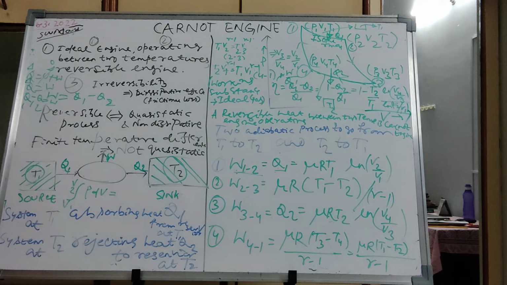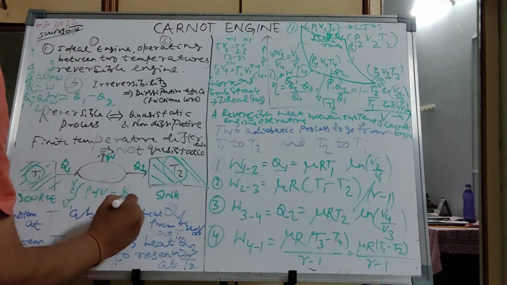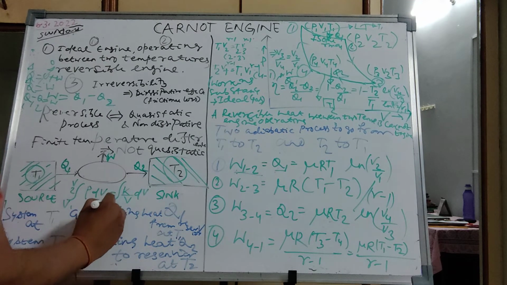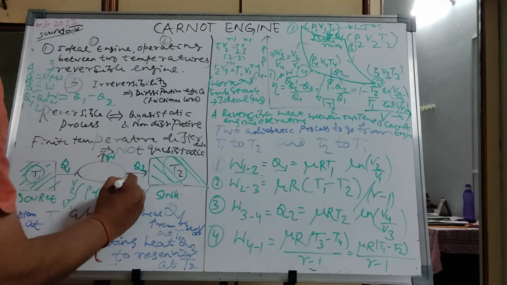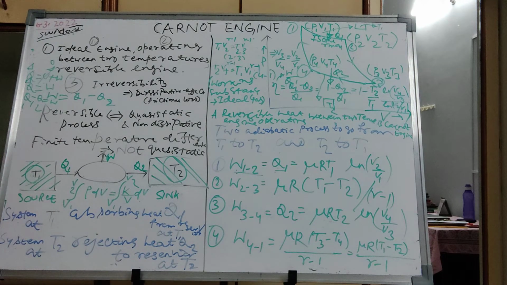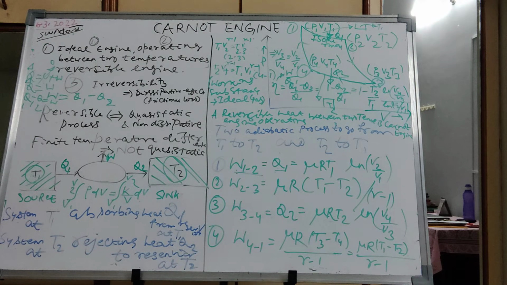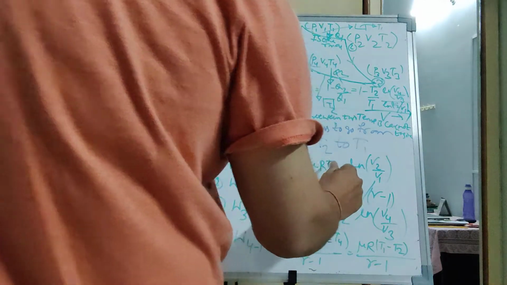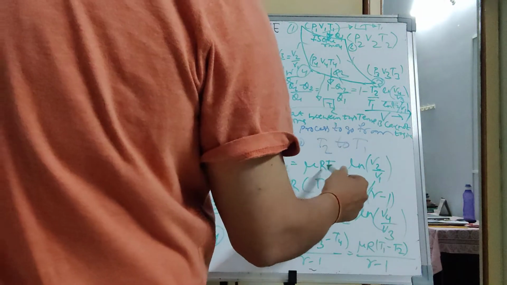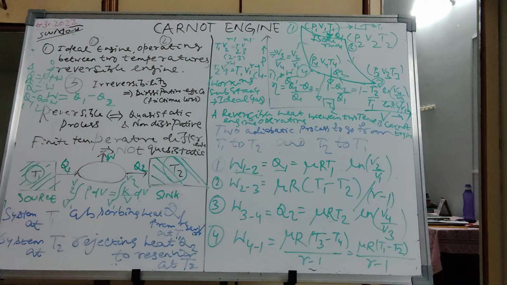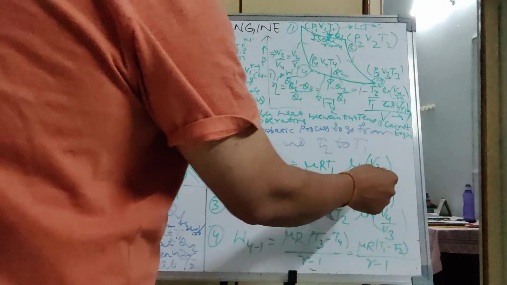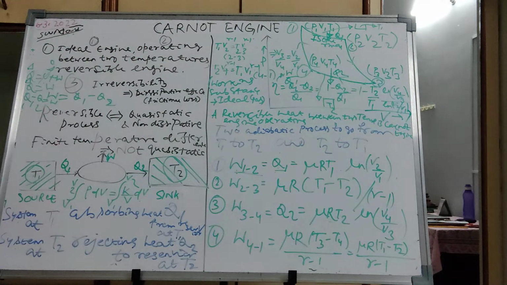P is nothing but a constant K divided by V, so it becomes K times the integral of dV by V, with K going outside. This K is nothing but nu R T. The integral of dV by V is ln. So the work done in the isothermal process is nu R T1 ln V2 by V1.